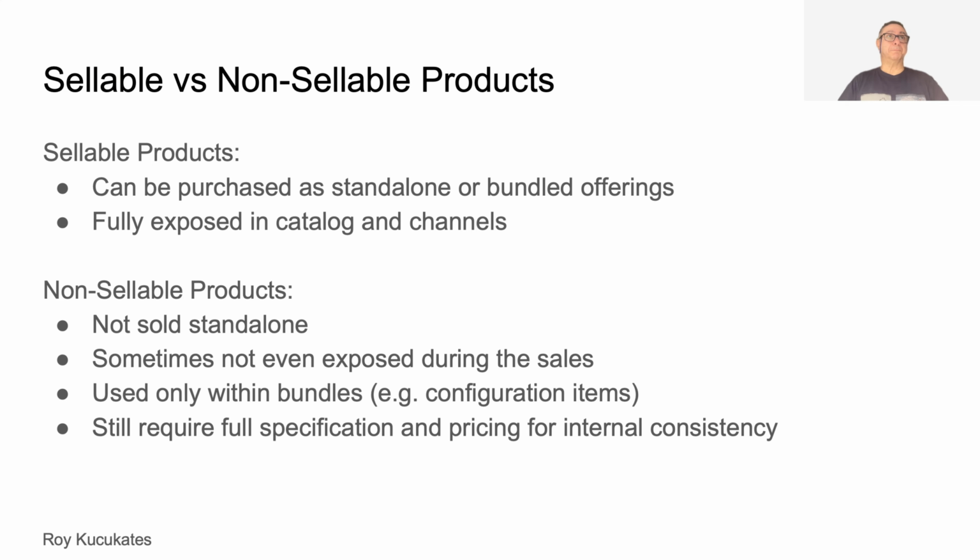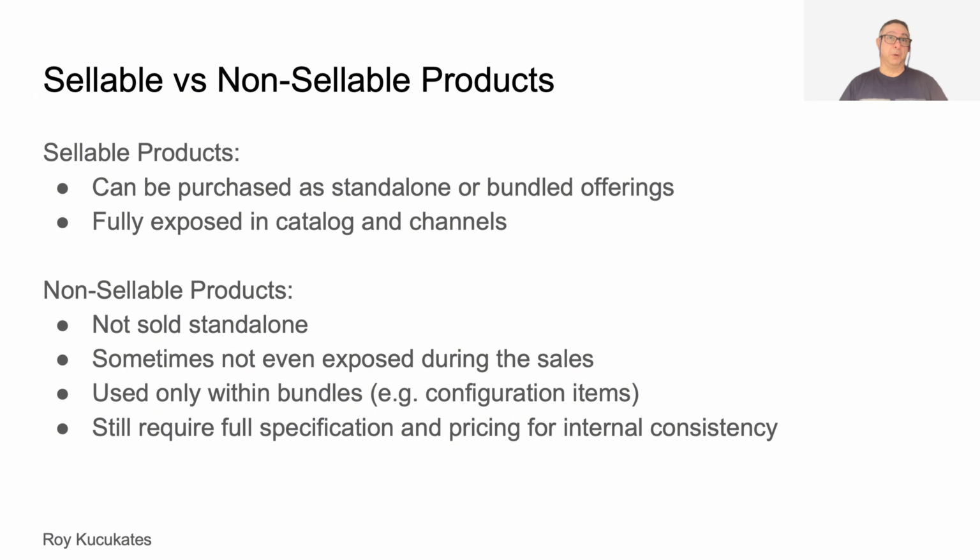Coming to the product behavior types, there are sellable versus non-sellable products. As the name implies, the sellable ones can be purchased as standalone or in a bundle and are fully exposed in a catalog or all channels. The ones that are non-sellable are not sold standalone because they can be part of accessories or part of the installation material, not exposed during the sales.